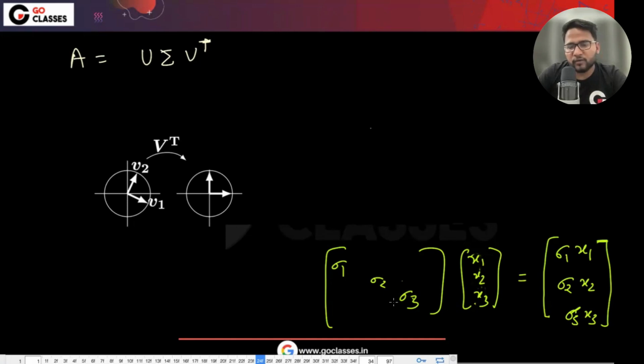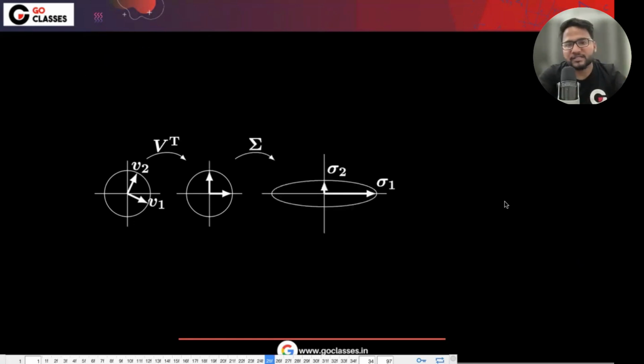Yeah, if the singular values are zero, then that's fine. Some of the values will be zero. If the singular values are zero, then some of the values are zero. Yeah. So basically, the vector will get scaled, right?